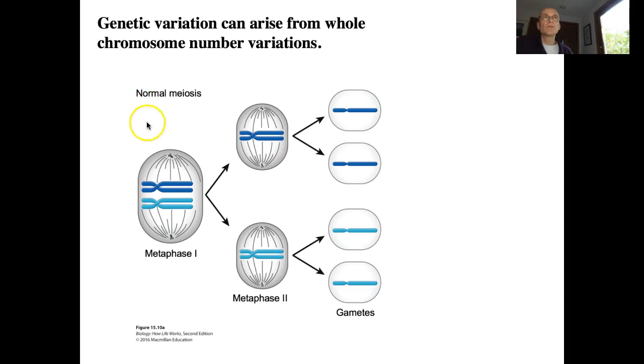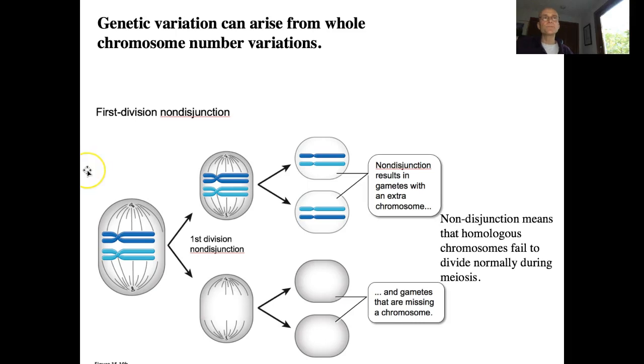Remember meiosis: in metaphase 1 the homologs pair and then get separated, and in metaphase 2 the sisters get separated, and we have one copy of each of the chromosomes in the gametes that are produced. Well, that's what normally happens. But in some cases, there's a process called non-disjunction.